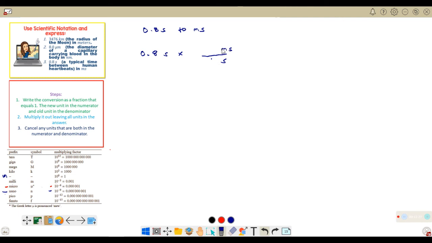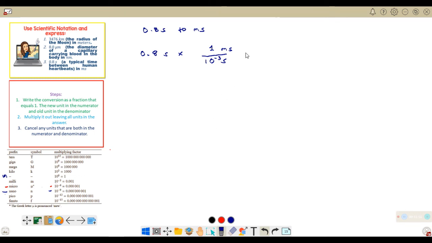Or for every millisecond, how many seconds are there? So looking up on our table, if we have 1 millisecond, there is 10 raised to negative 3 seconds.